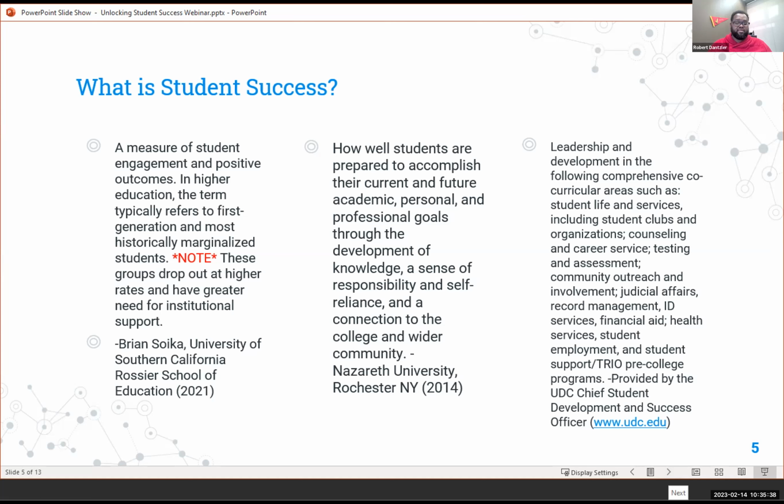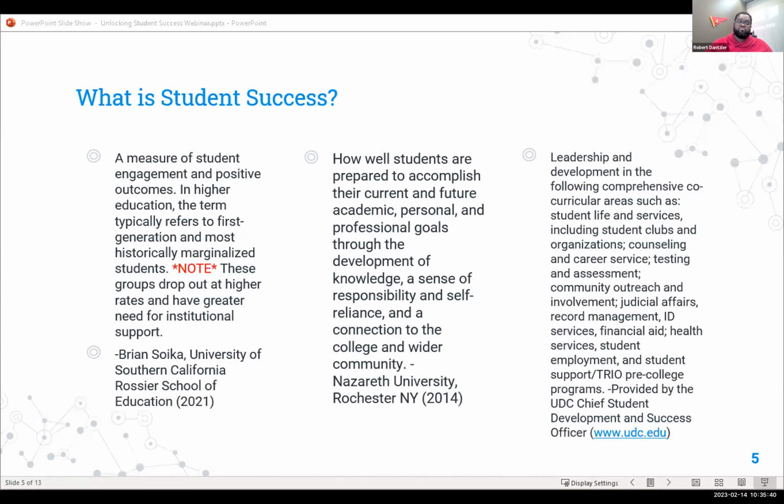So what is student success? Right before I get into this definition, student success has been for the past several years one of these big buzzwords, especially in higher education, because we look at academic success as well as the general welfare, the general being of our college students. In a lot of cases, these things have been operating separately.